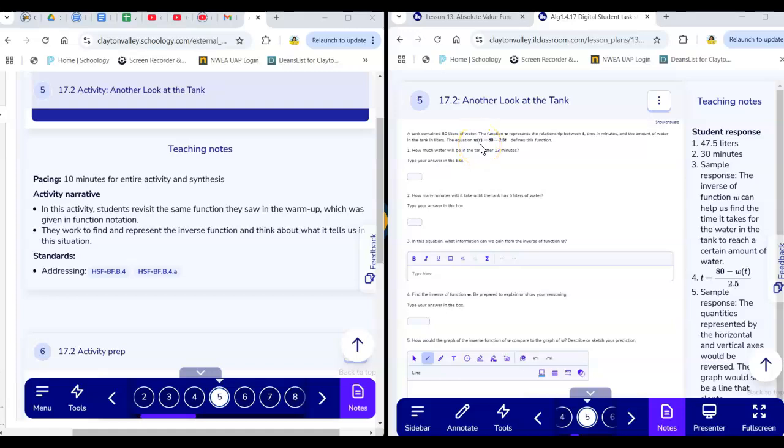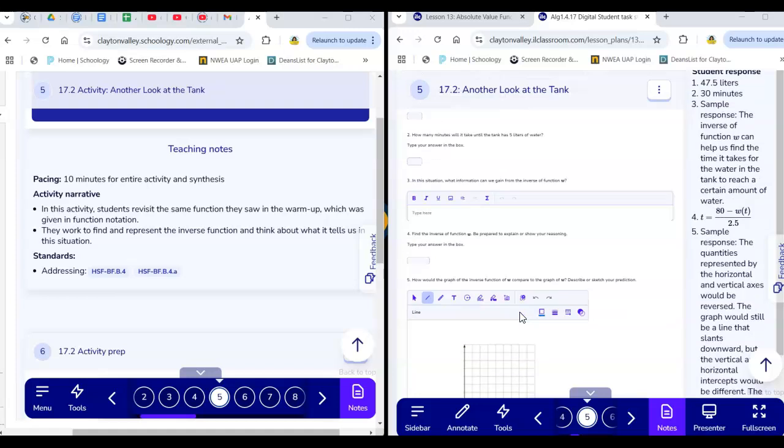And then asking you to either simplify the equation when you're given an input or to isolate the variable if you're given an output and solve for one or the other. Okay, so you're being asked to do both.